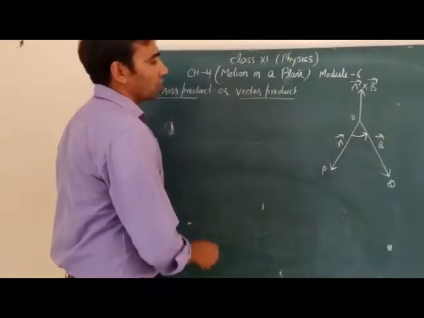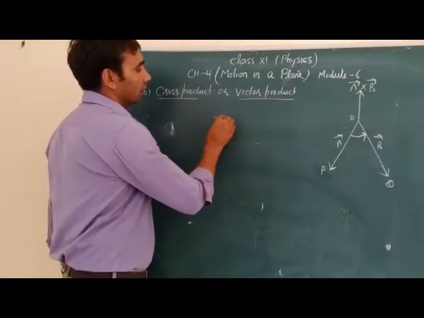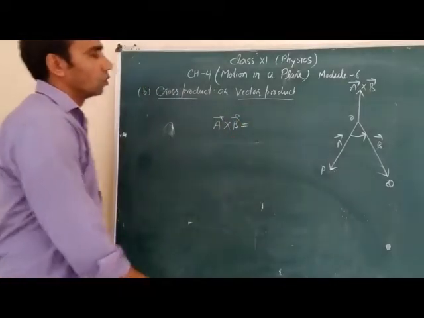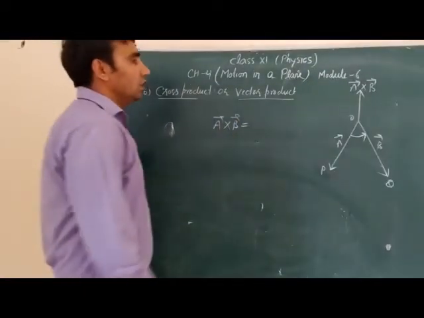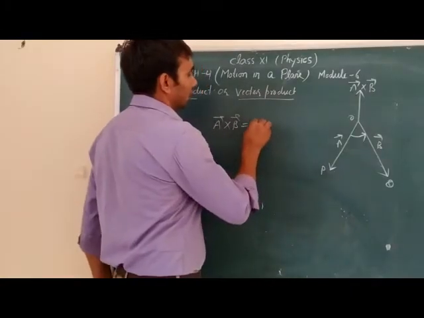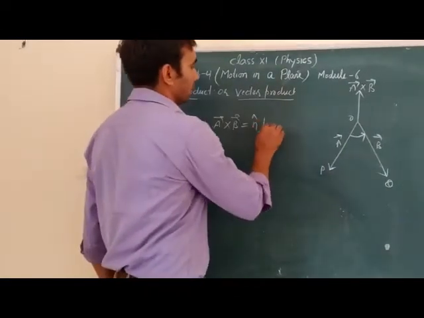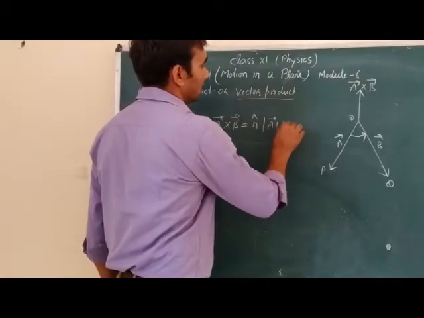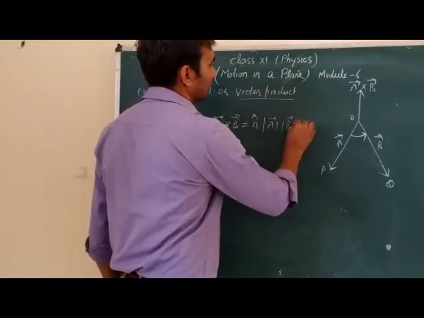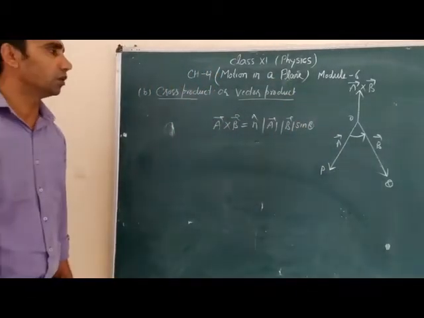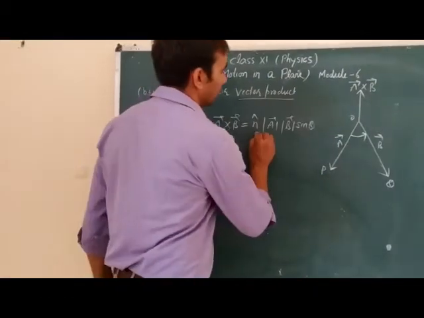Therefore, vector A cross vector B is equal to n unit vector, magnitude of vector A, magnitude of vector B, and sine of the angle between them.